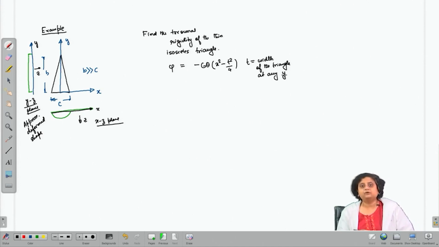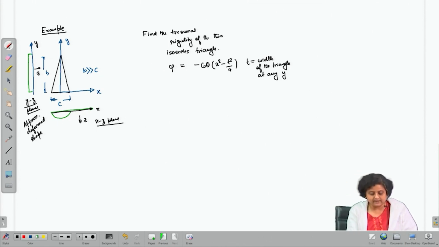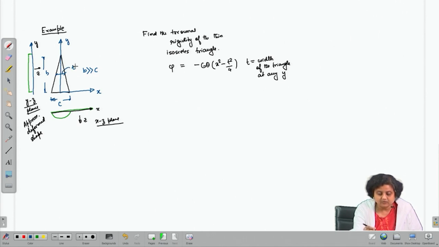The Prandtl stress function does not vary with y, but the width t at any y is dependent on y. So, t is the width at any depth.